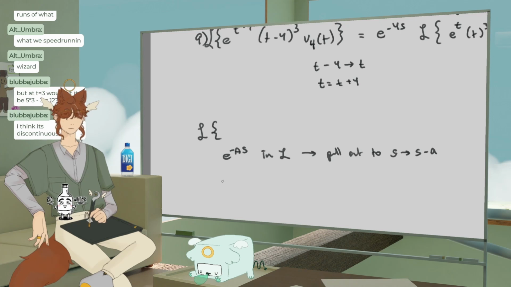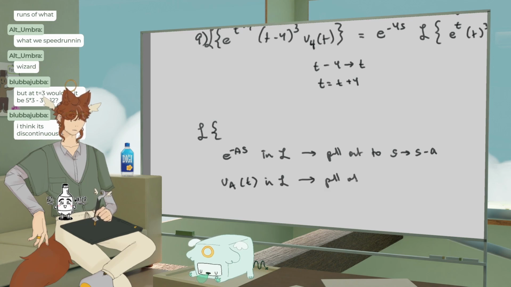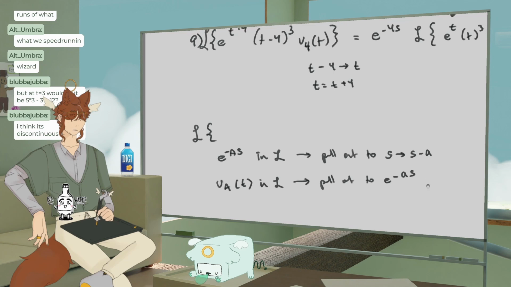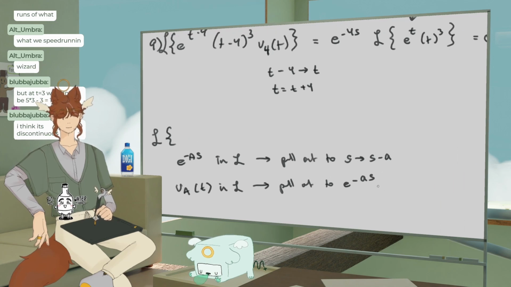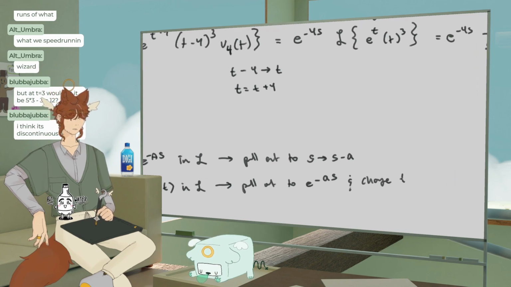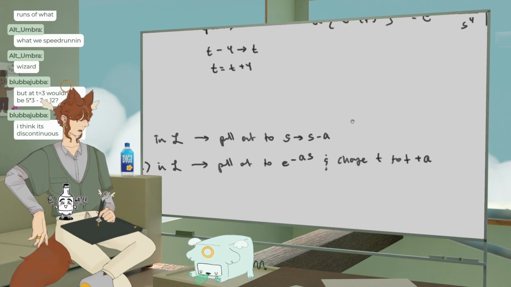And then if you have a unit step function at a in a Laplace, you pull out e to the minus as, and change t to t plus a, I guess?